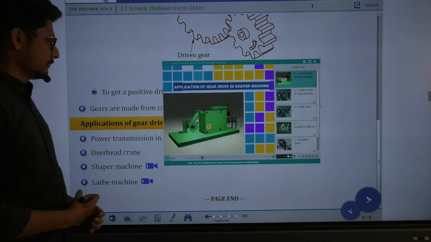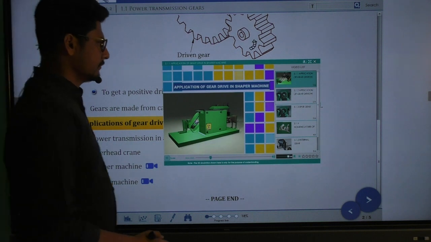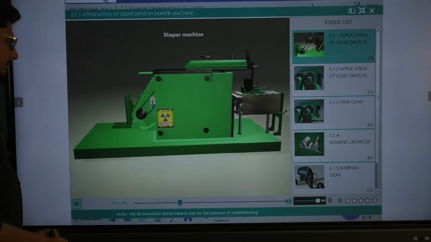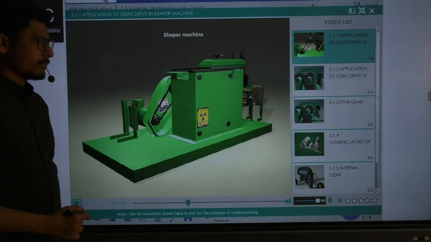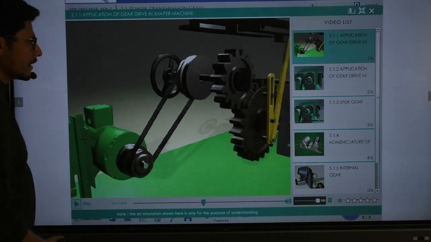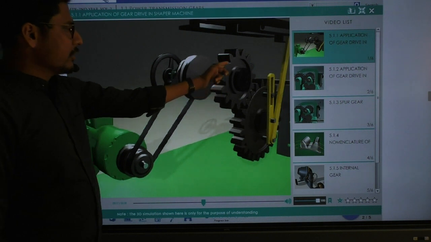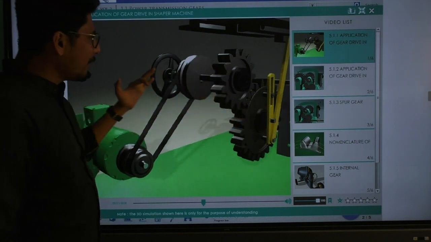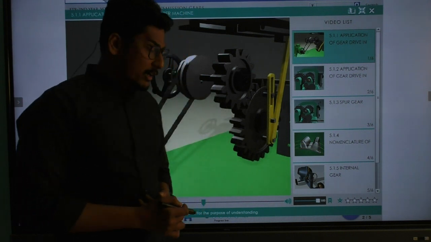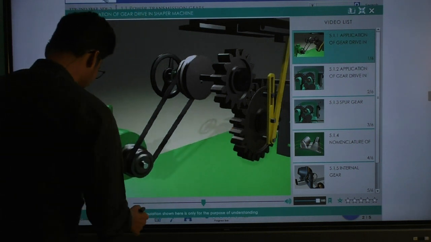Application of a gear drive in a shaper machine. The gear drive mechanism in a shaper machine is shown. Now, a close-up shot of the gear drive mechanism of the shaper machine. You can see that this is a shaper machine, and there are a number of gears here to operate the ram and the quick return mechanism of the ram.